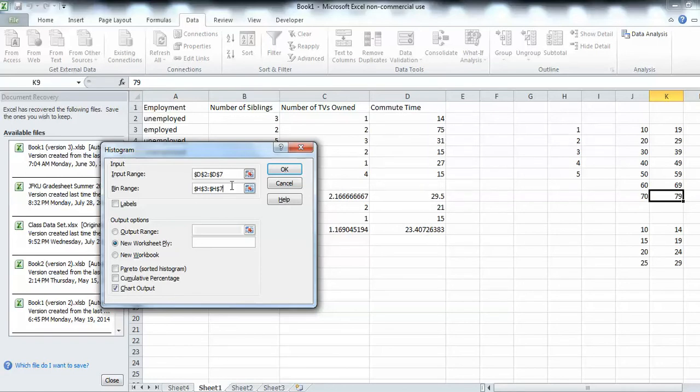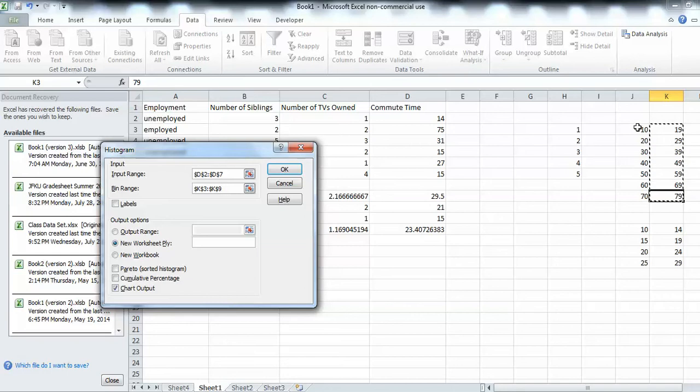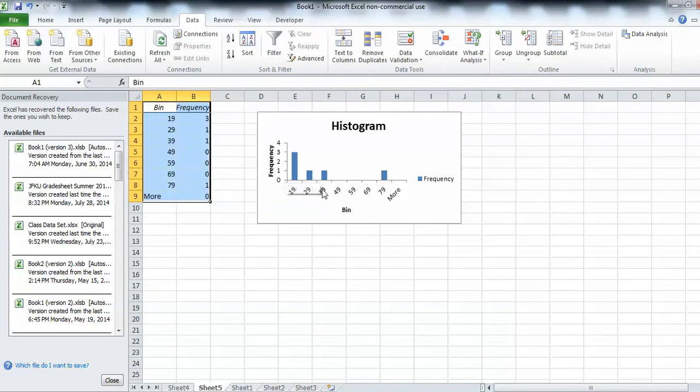For bin range, I would highlight only the upper numbers in my class intervals. I actually don't use this column right here. The only reason why I type it in is to make it more clear, so you can actually see what I'm doing. Chart output is checked, and it gives me a histogram.